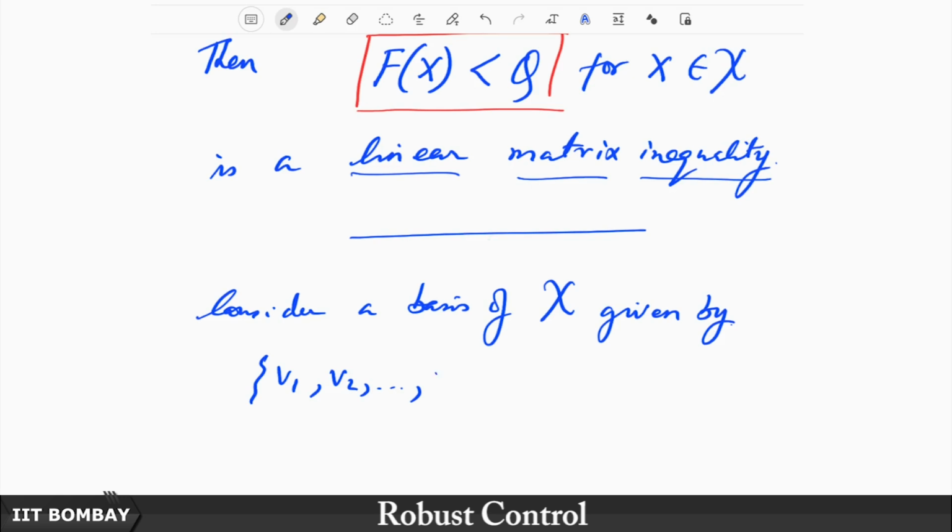Anyway, suppose we have, let us say there are m elements in the basis.